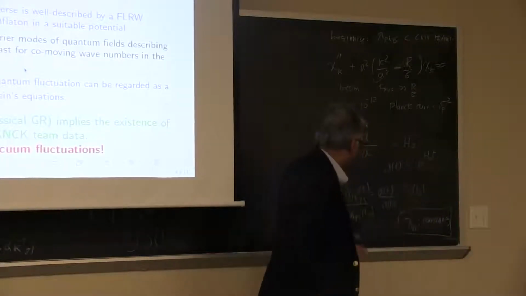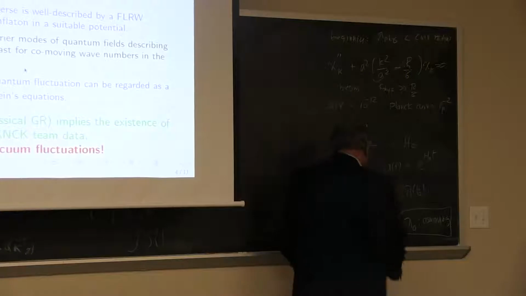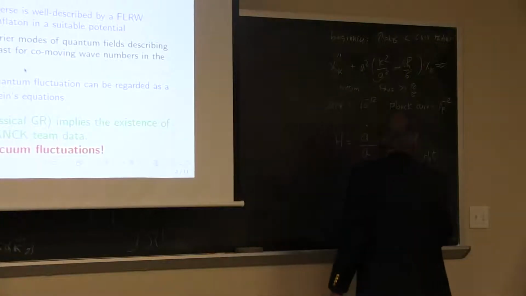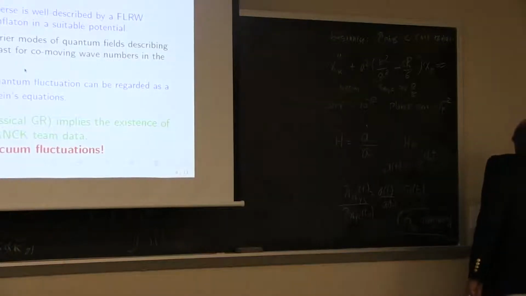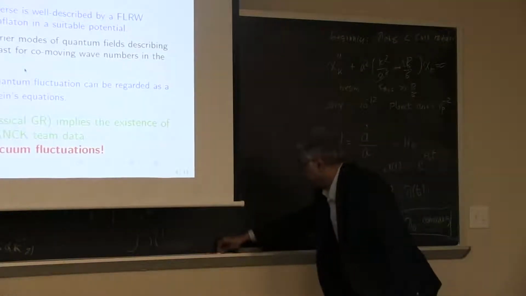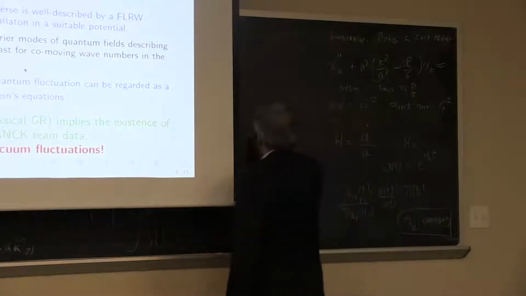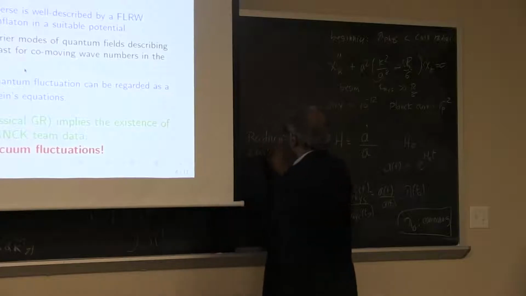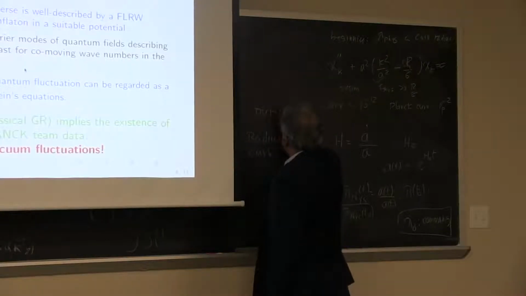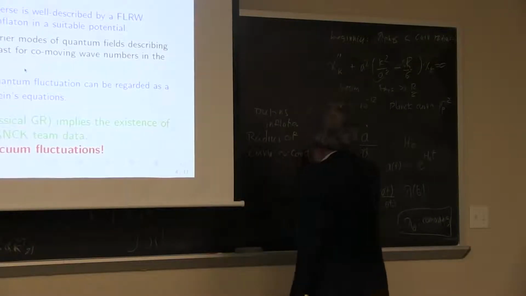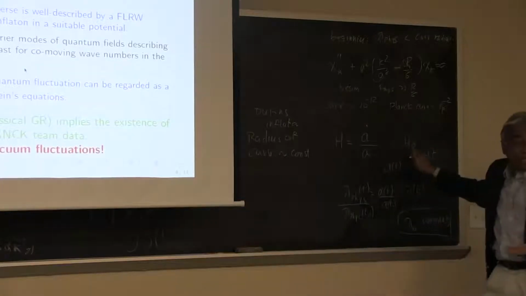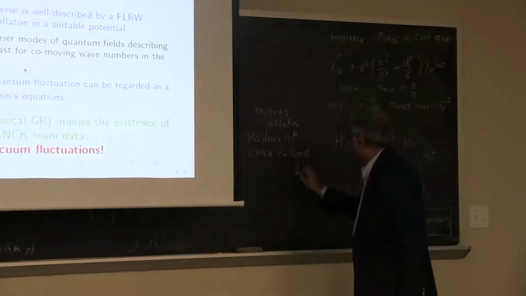Curvature is nearly constant, because during inflation it is like de Sitter space-time, and in de Sitter space-time the curvature is just given by 1 upon H naught squared.